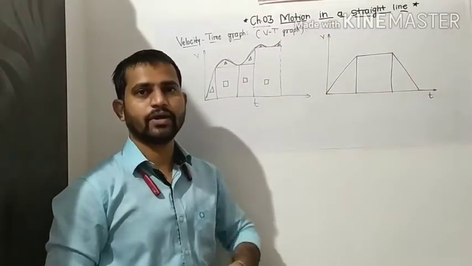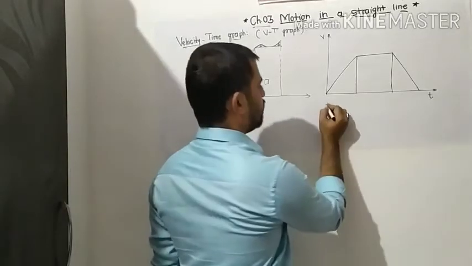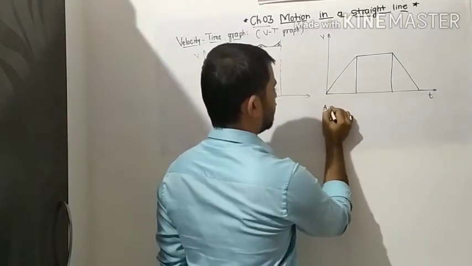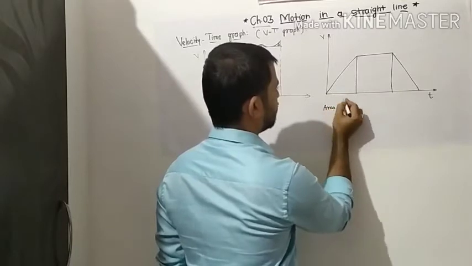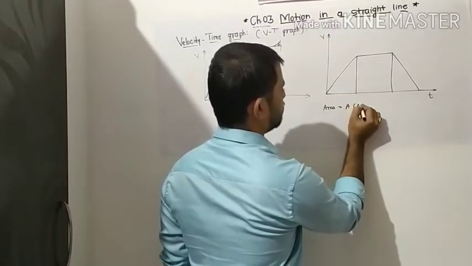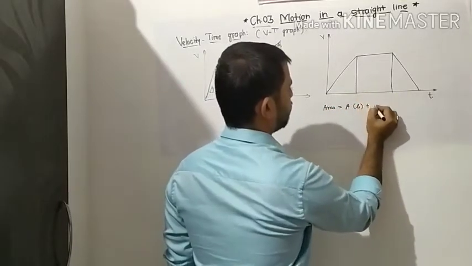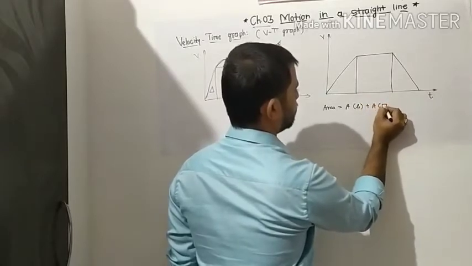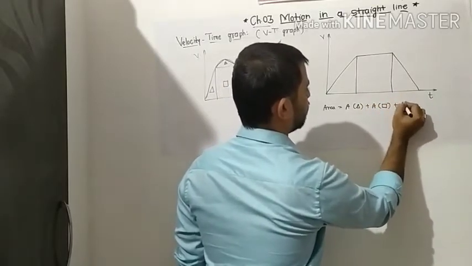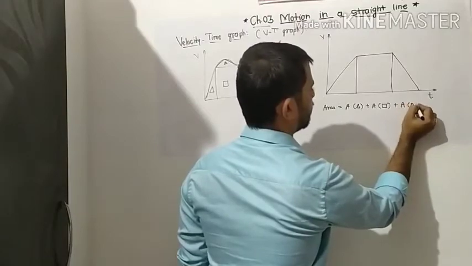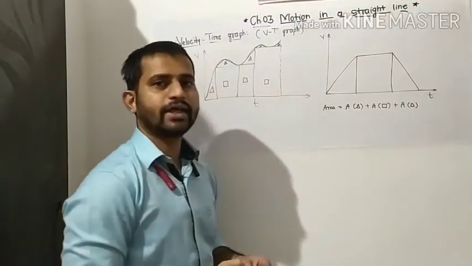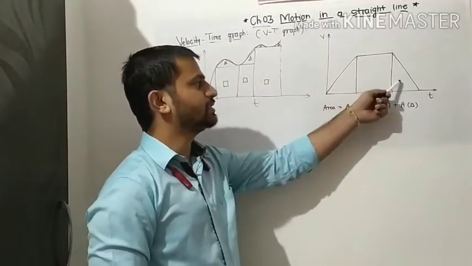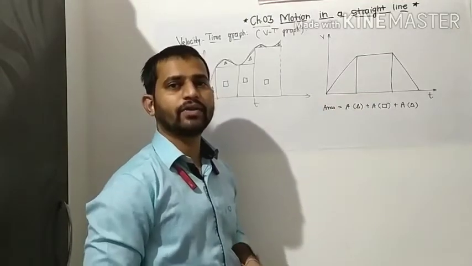So the area is equal to, we can write here, the area of the triangle plus the area of this rectangle plus the area of this triangle. By adding the areas of these three profiles separately, we can find out the area of this standard profile.